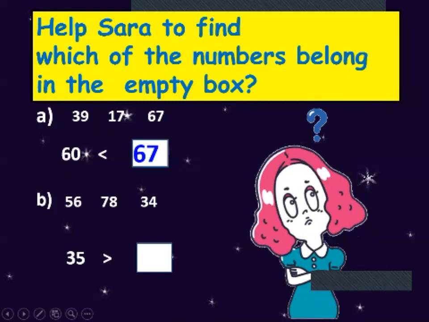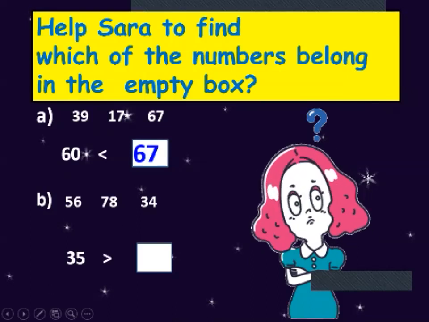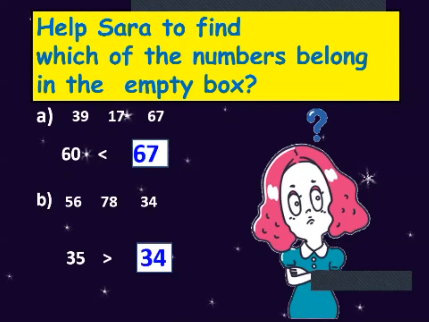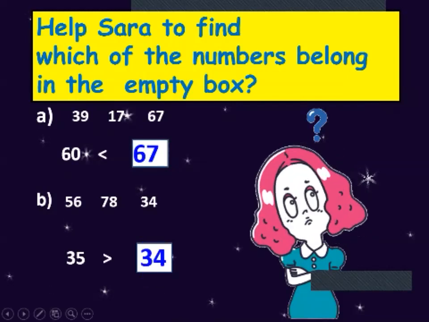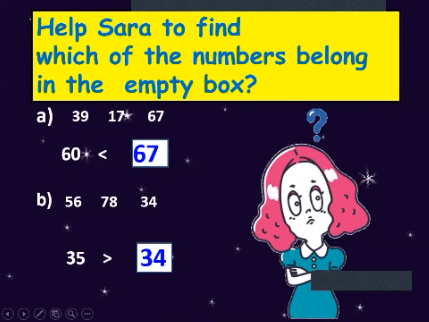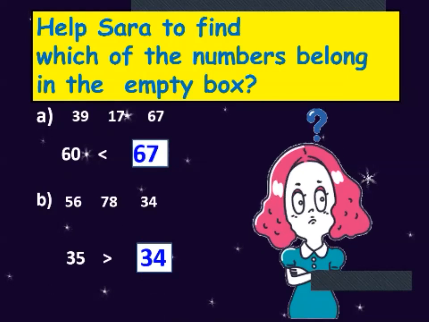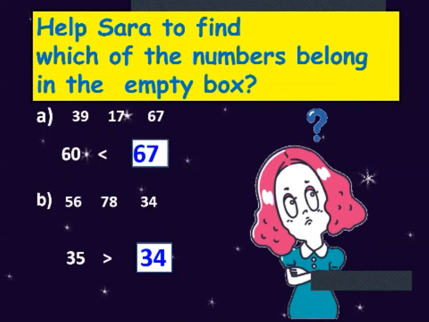Is it 56 or 78 or 34? Yes, it's 34 because already the crocodile opened its mouth to the big number. So the other side will be a small number. So it's 34.